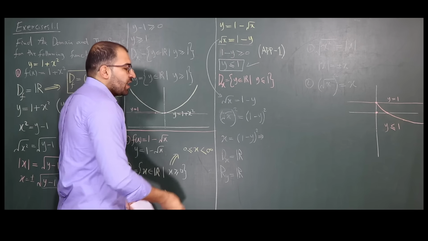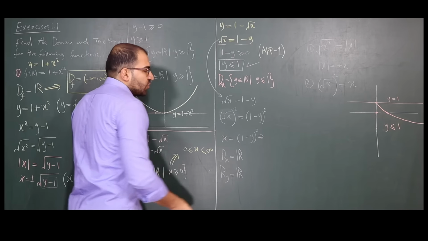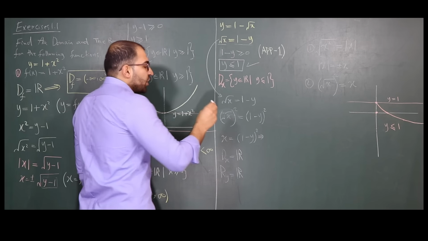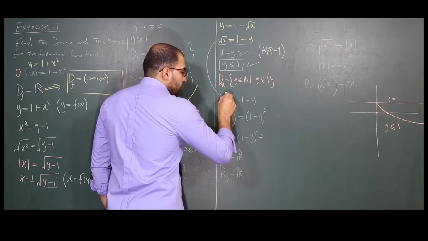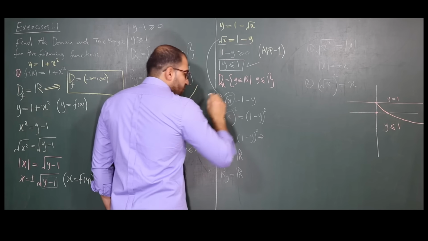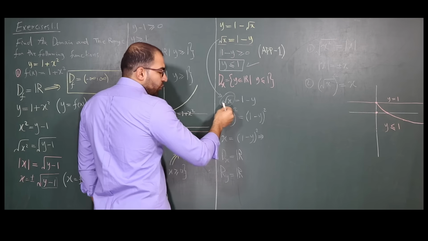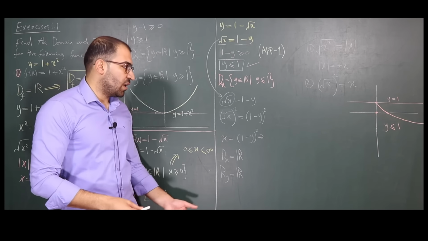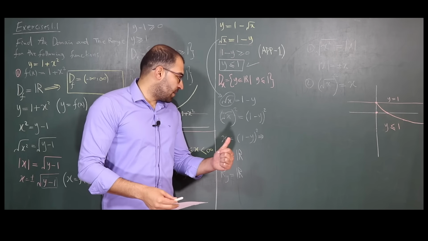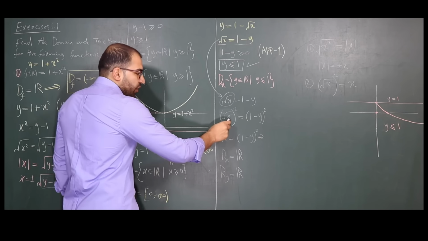Why did we get this output? We got this output by squaring this term, because if we square this term, we add a new half of the real line, which is the negative half, and in reality we don't need to square here.